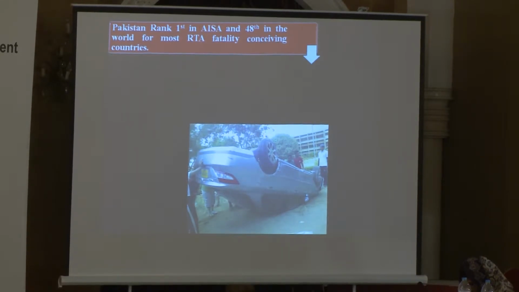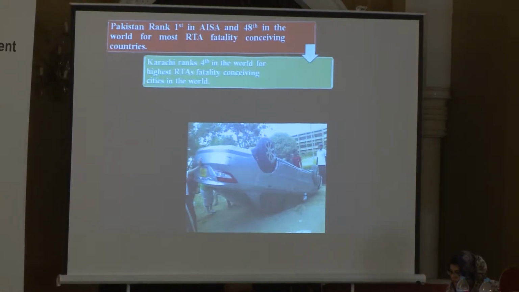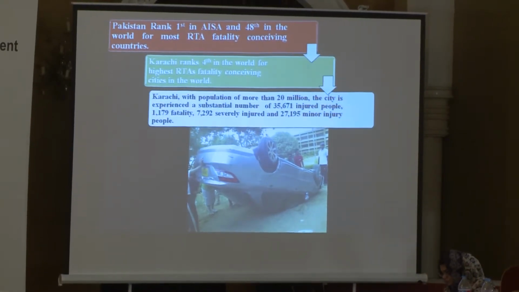These are some of the facts I have mentioned in front of you. Pakistan ranked first in Asia and 48th in the world for most road traffic accident fatalities. Next. And not only Pakistan, Karachi ranked fourth in the world among cities with the most road accident fatalities. Next.